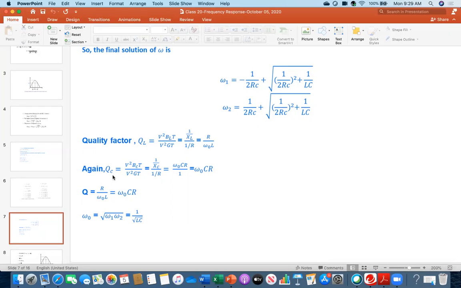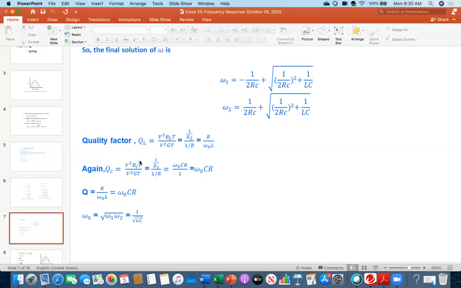Similarly, for QC, in the case of the capacitive part, V square BC, where BC is the capacitive susceptance, multiplied by T, becomes energy, and then again power dissipated through the resistance, V square GT.